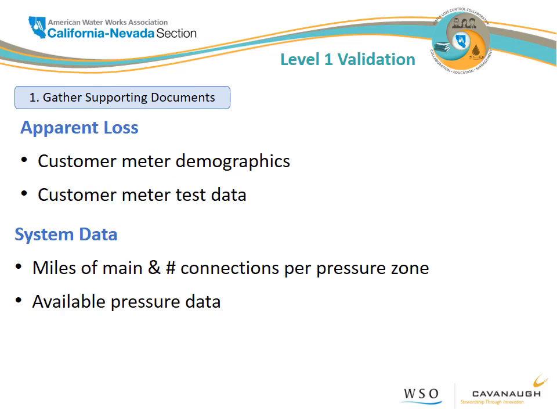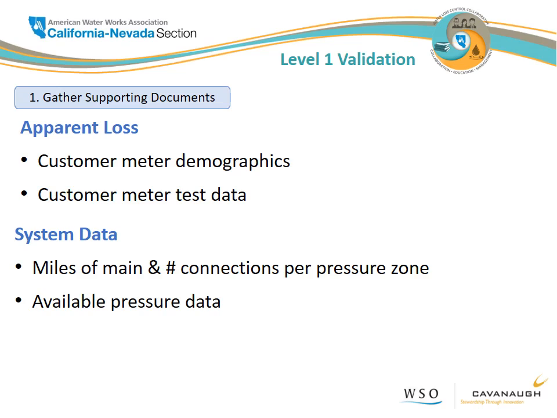Supporting documents for the apparent loss section of the audit. Customer meter demographics is a repeat of the document for the authorized consumption, but we just put it there again because as you're developing the input or reviewing the input that's already been developed for customer meter inaccuracy, it may be helpful to refer to those.